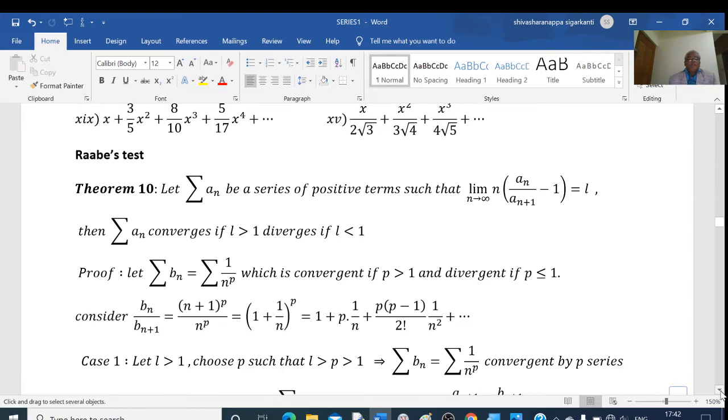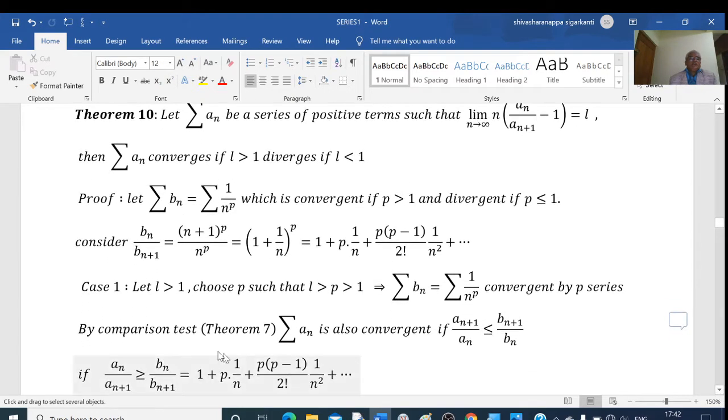Now let me consider two cases. The first case is, let me take L is greater than 1. What is L? L is the limit of n into (a_n / a_(n+1) - 1) as n tends to infinity. I have taken this as L. So here let me consider L is greater than 1.